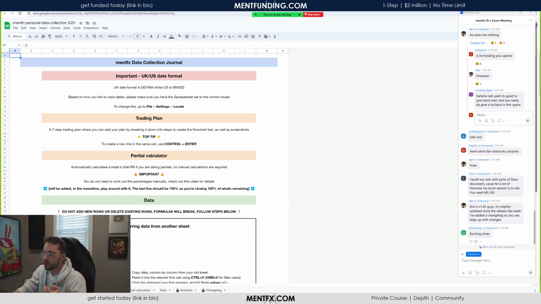Here at MentorFX, you are not specified to one thing. You can build a plan for yourself, hone your own edge, and make that edge better. It's a very powerful thing to be able to use. And as a lot of you know, data collection is the forefront of profitable trading. There's not a single person in the world that is profitable that hasn't gone through exactly this step in their process at some point.